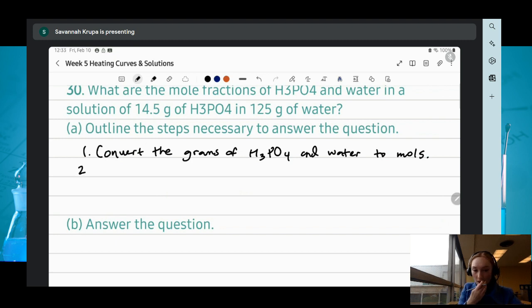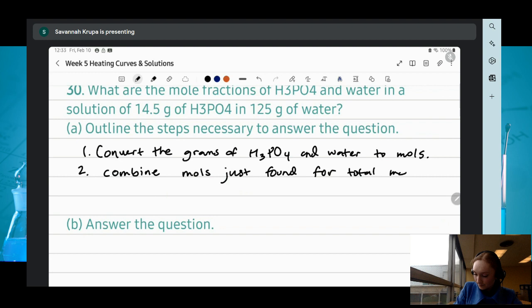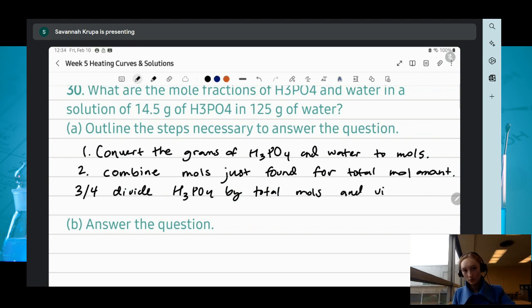And now number 2, we should combine moles just found for total mole amount. And so now number 3, 4, divide H3PO4 by total moles, and vice versa with water. So water moles divided by total moles.